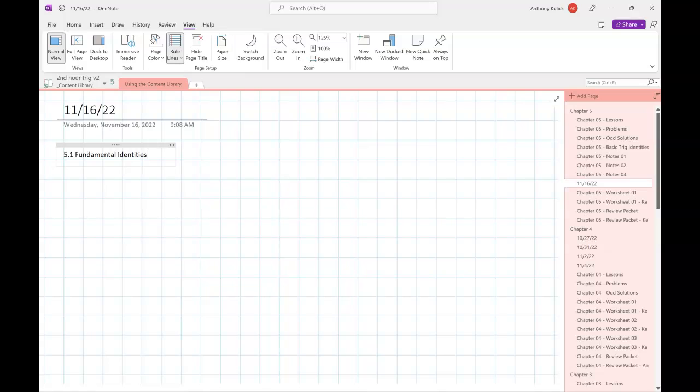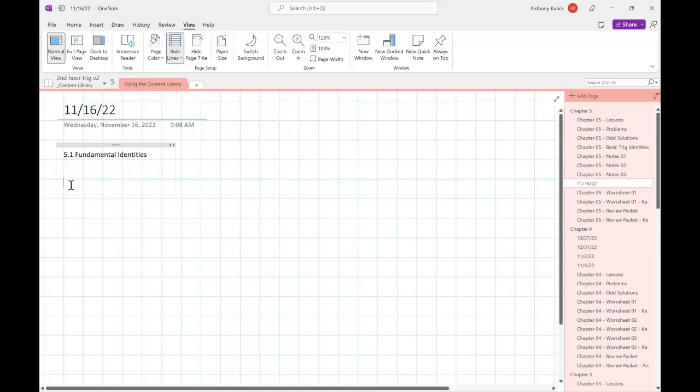All right. So today, chapter 5, section 1, we're going to be talking about trigonometric identities. Some of these identities are things that we've already kind of inherently talked about that we're just going to formalize. Some of them are going to be kind of new-ish, and then we'll talk about how we can use these to do some problems, okay?